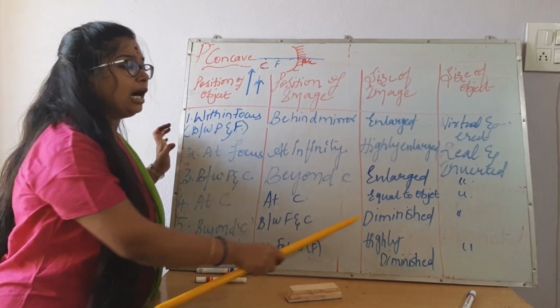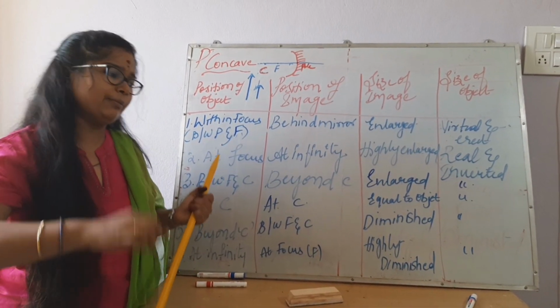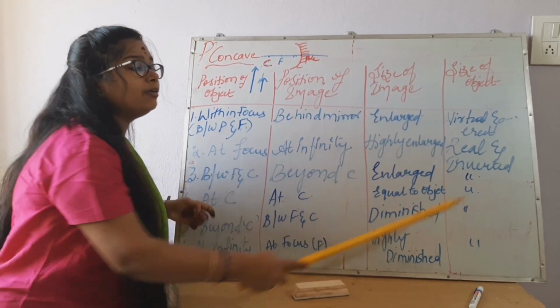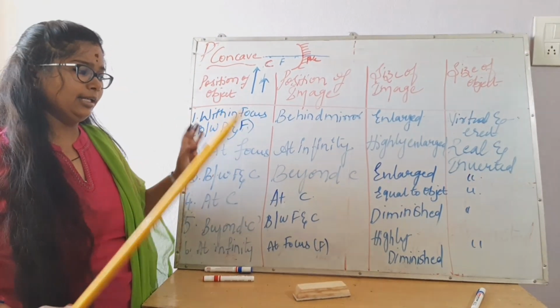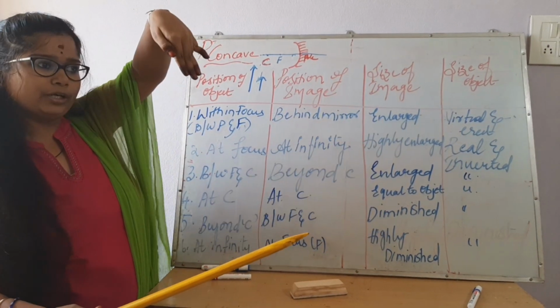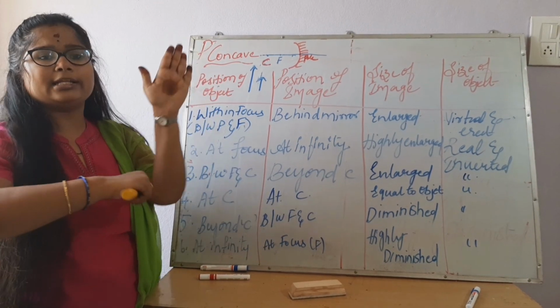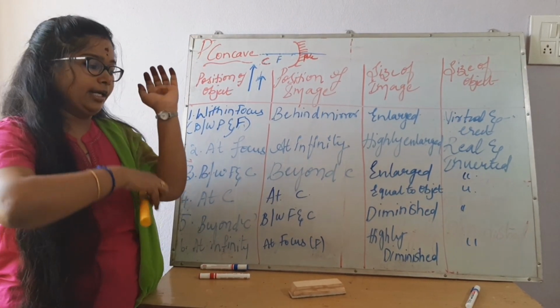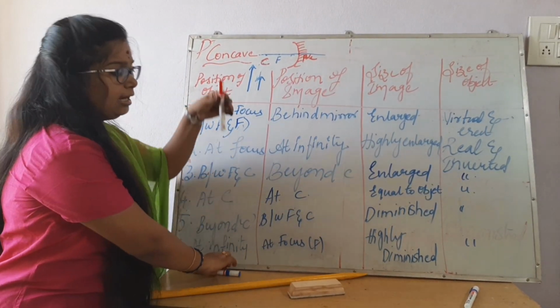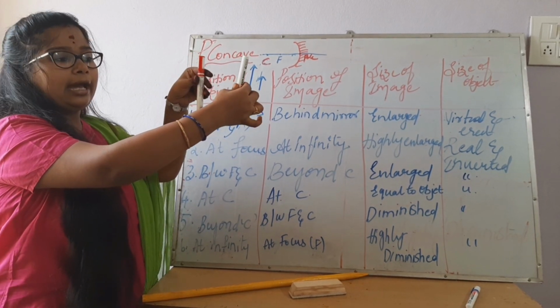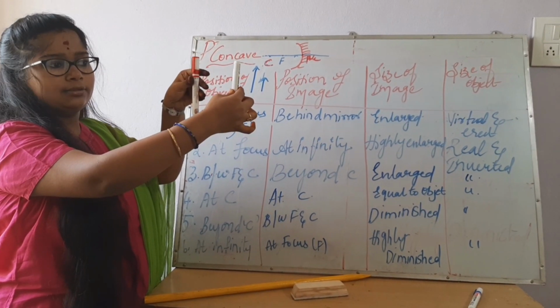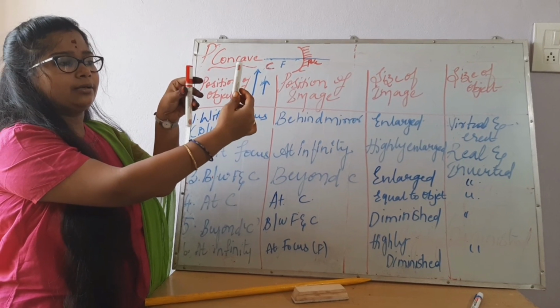Beyond C, between F and C, a diminished, small image will be formed. And real and inverted, the rays meet really. If the object is like this, the image will be like this, inverted. At C, same size, but inverted.